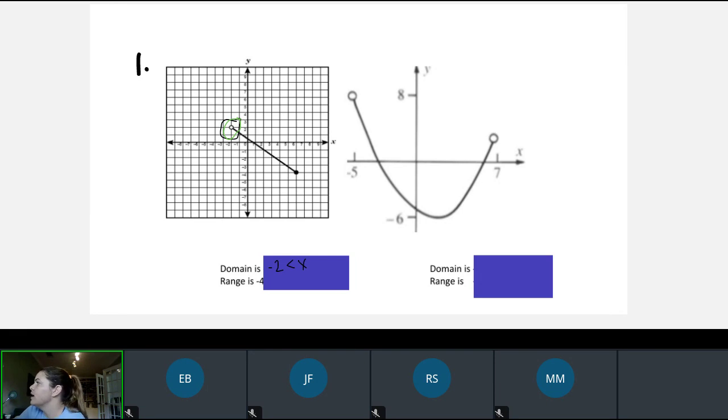Whenever I come to the far right side, that is a closed circle, and that is at the x value of 6. Since it's a closed circle, I'm going to use my less than or equal to sign. Any questions about the domain?